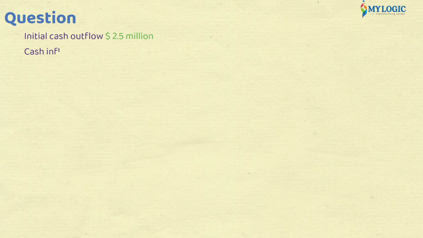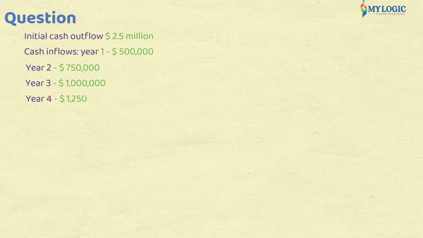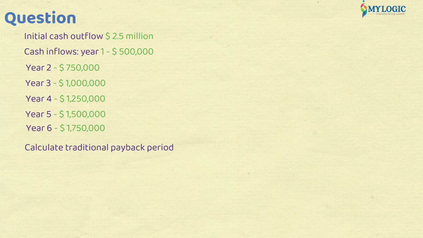Cash inflows: Year 1 $500,000, Year 2 $750,000, Year 3 $1 million, Year 4 $1,250,000, Year 5 $1,500,000, Year 6 $1,750,000. Calculate the traditional payback period. Calculate the discounted cash flow if the cost of capital is 10%.